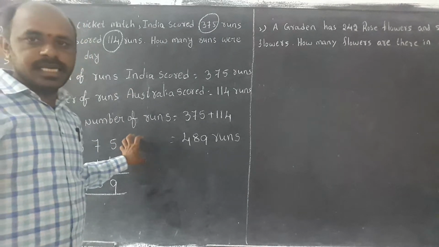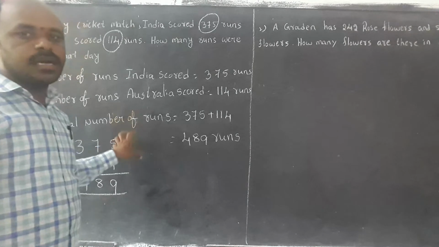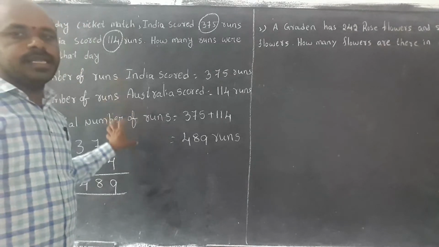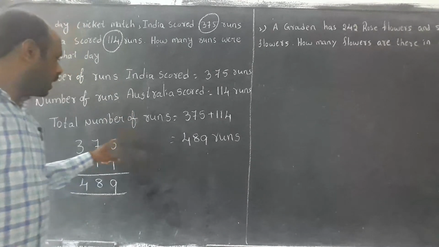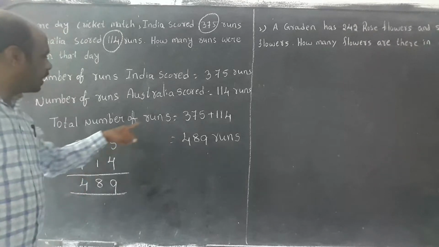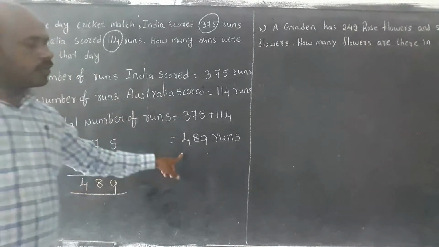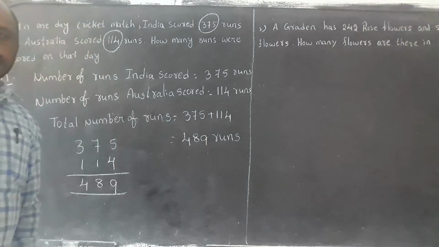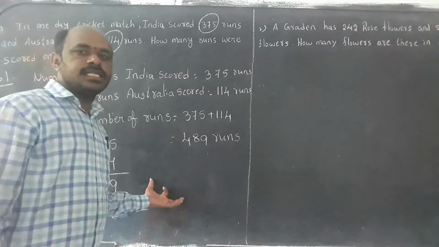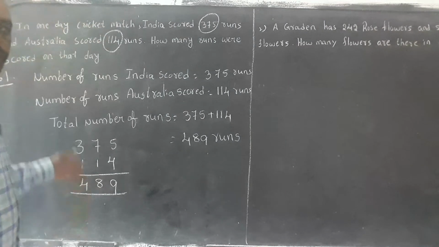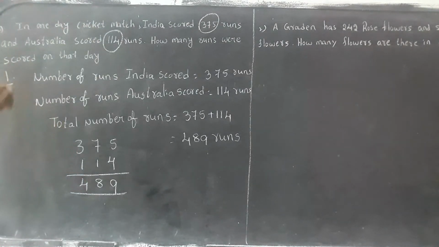But I haven't taught subtraction, so in this chapter it will be all addition sums only. Now it will be total number of runs. Both countries together scored 489 runs. Okay children, this is one story sum.